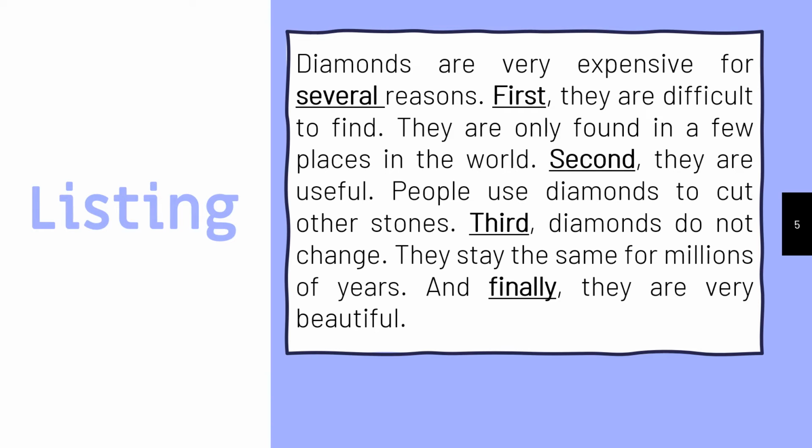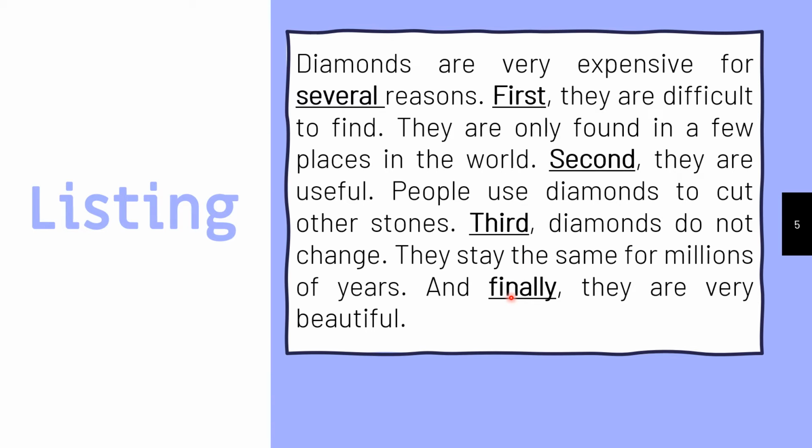Think about what is the main idea of this paragraph, or what is the topic of this paragraph. Remember what listing is. If you would like, you can pause the video. If you see there are some words that are underlined, or in bold, look at them.